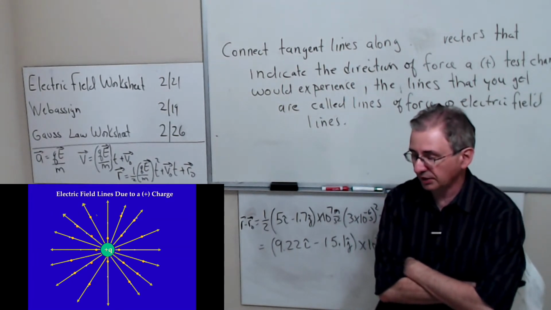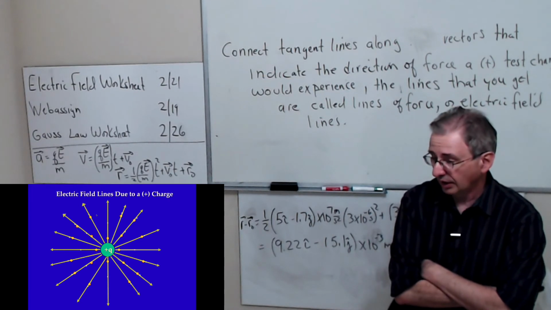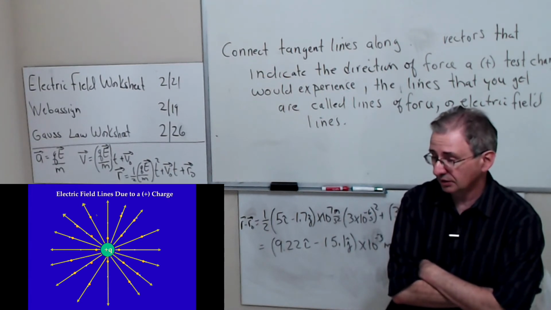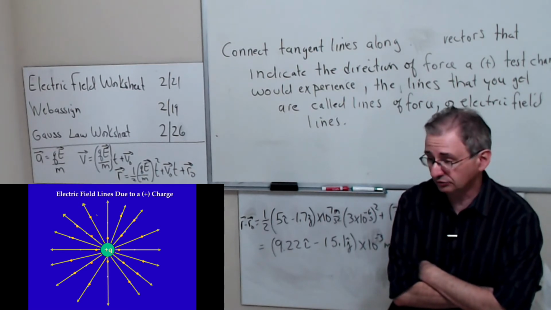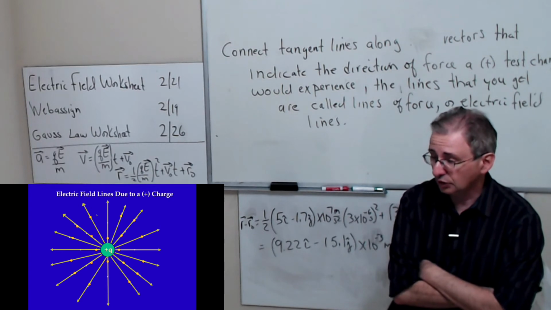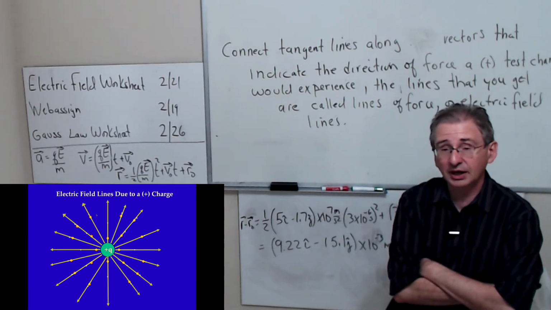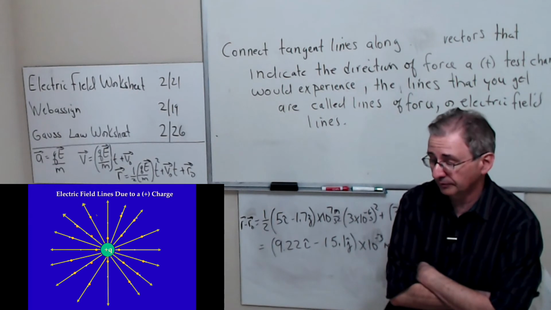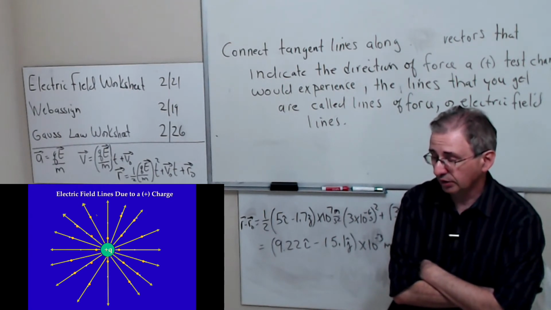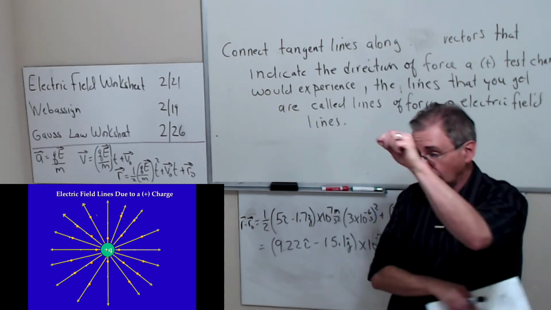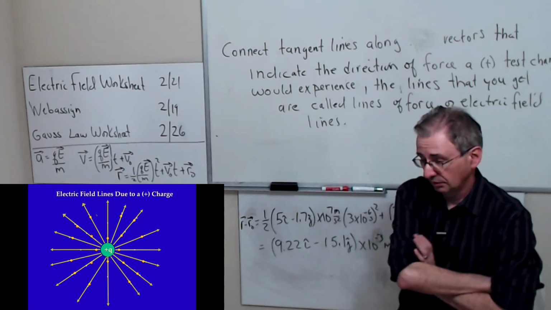So what I did in this picture, I took that original picture and drew yellow lines that connect the little vectors that I originally had drawn. Those yellow lines would represent the direction a positive charge would move in the vicinity of Q, based on where it's located initially.